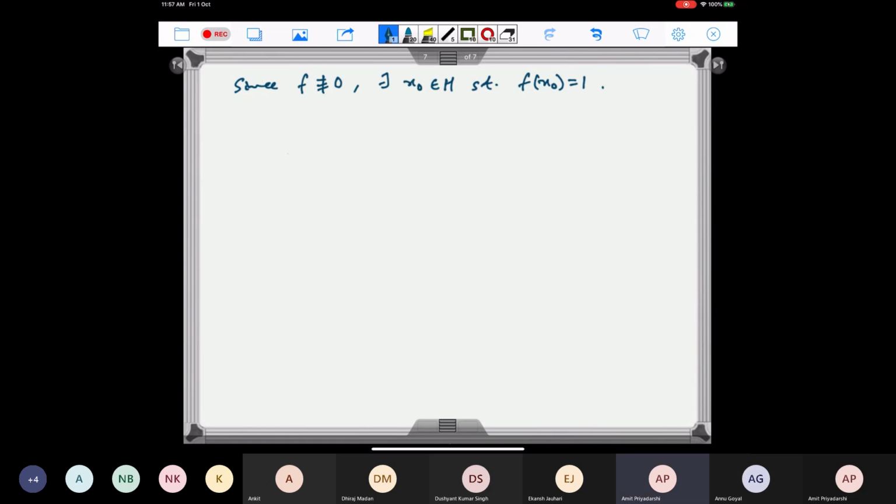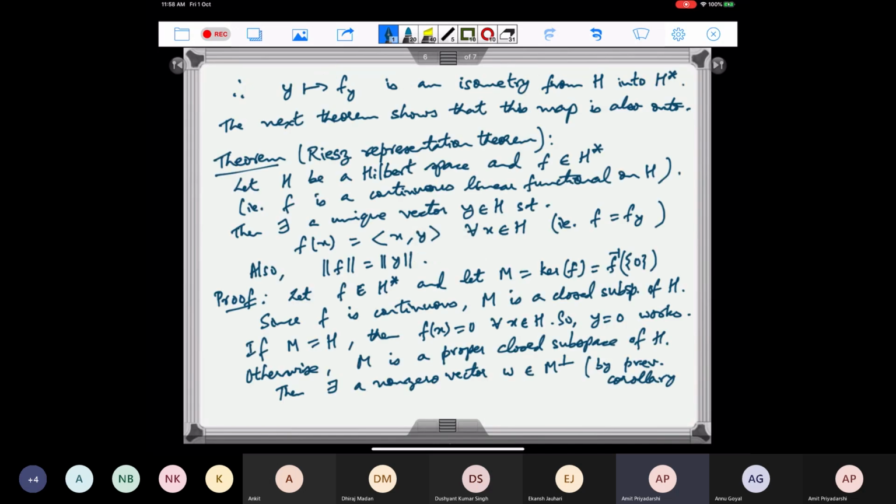Right? Because there will be some vector such that f of x naught is non-zero, and then by scaling, just by dividing by that scalar, you get this. So we get x naught such that f of x naught is equal to 1 and some w which is non-zero vector in M perp.